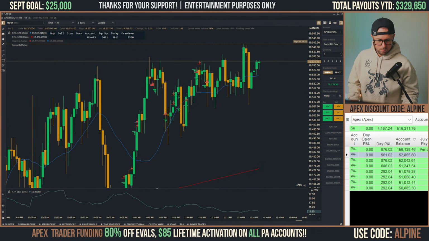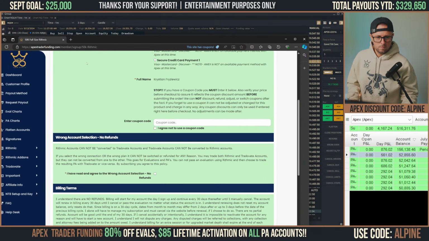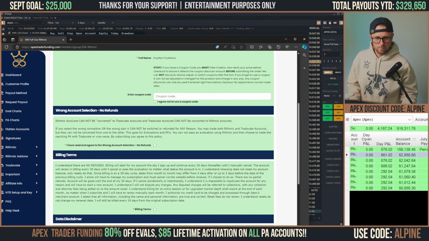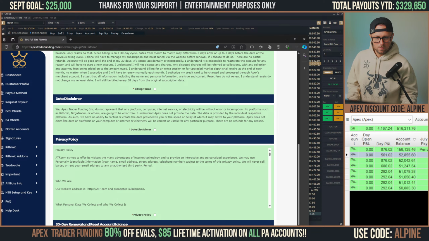The only thing they would reset is on a big outage, but not. This is on every platform. We Apex Trader Funding do not represent that any platform, computer, internet service, or electricity will be without error or interruption.